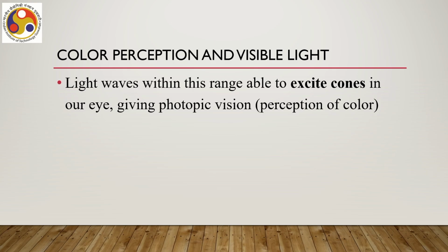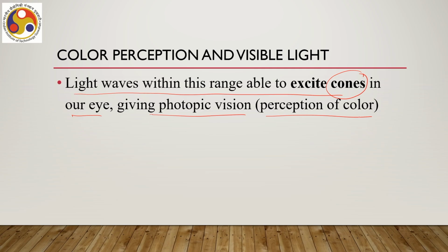So, whichever light falls in this range between red and violet is called visible light, and we are able to perceive visible light using our photopic vision. Light waves within this range are able to excite cones in our eye, giving us photopic vision, as we have already talked about, which is the perception of color.